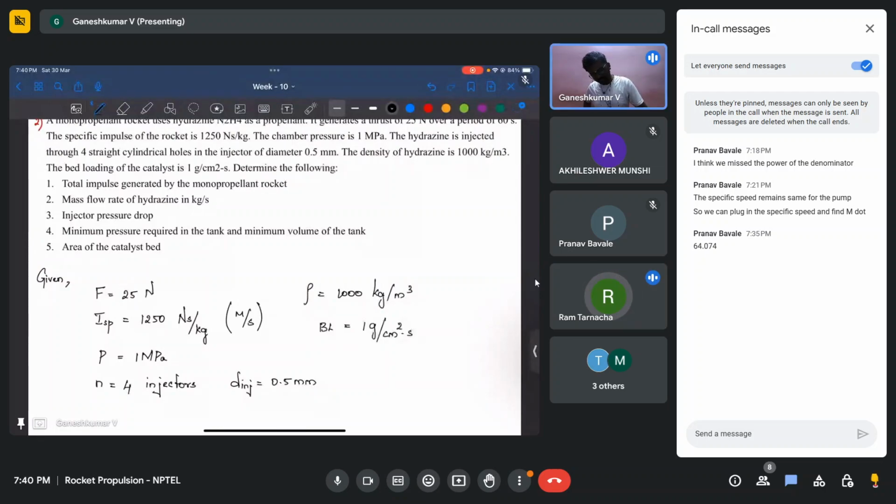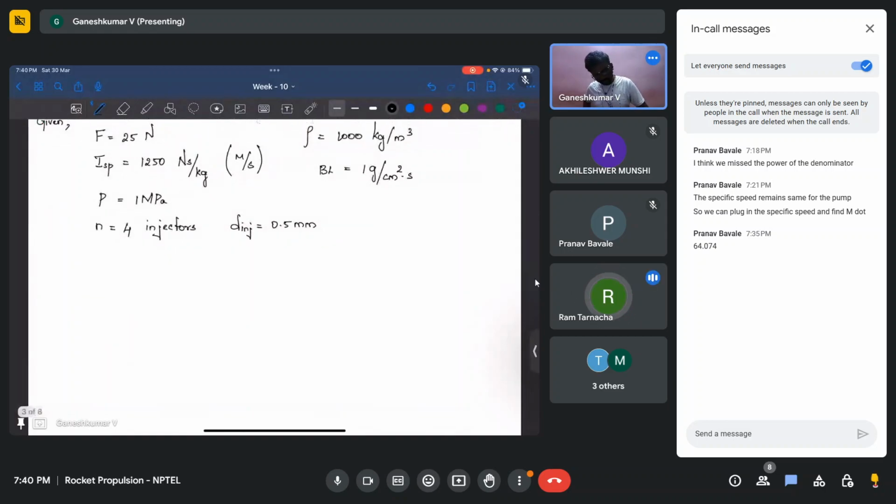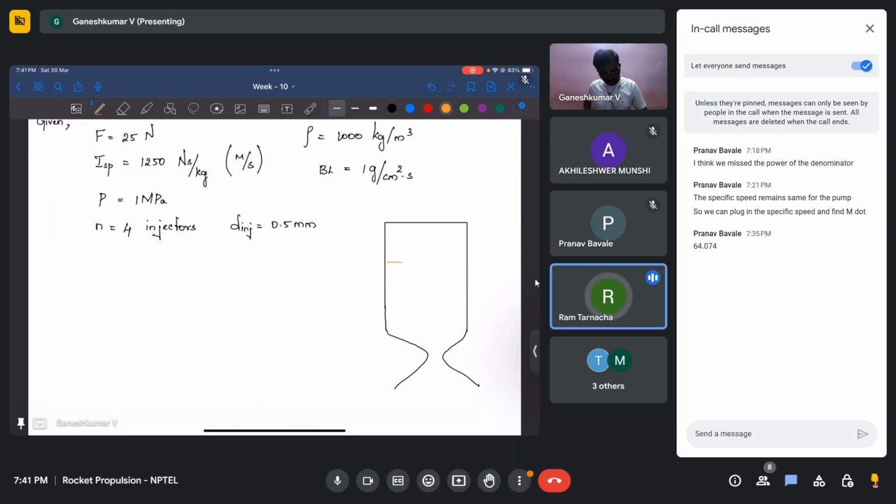So let me try to draw a monopropellant rocket. You have this combustion chamber, and then you have this nozzle. Then you have something called a catalyst bed here, and then four injectors for hydrazine.